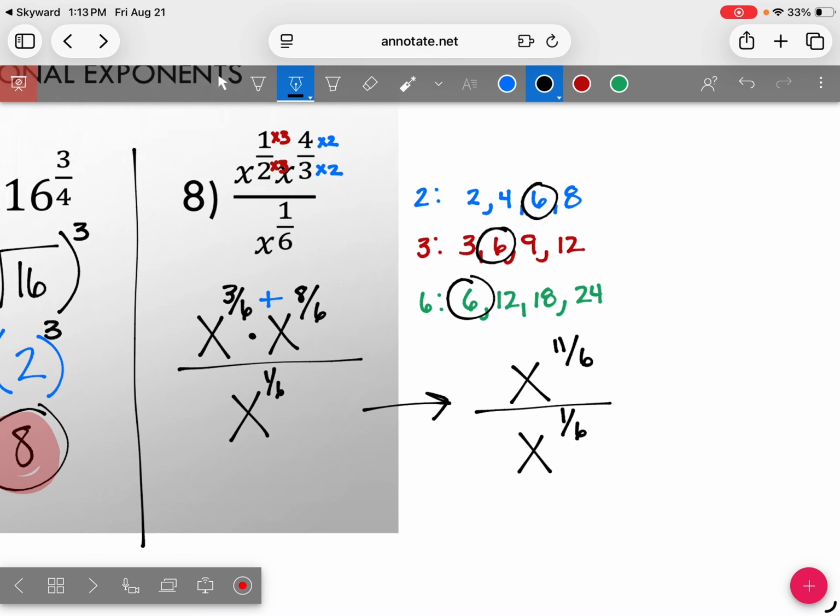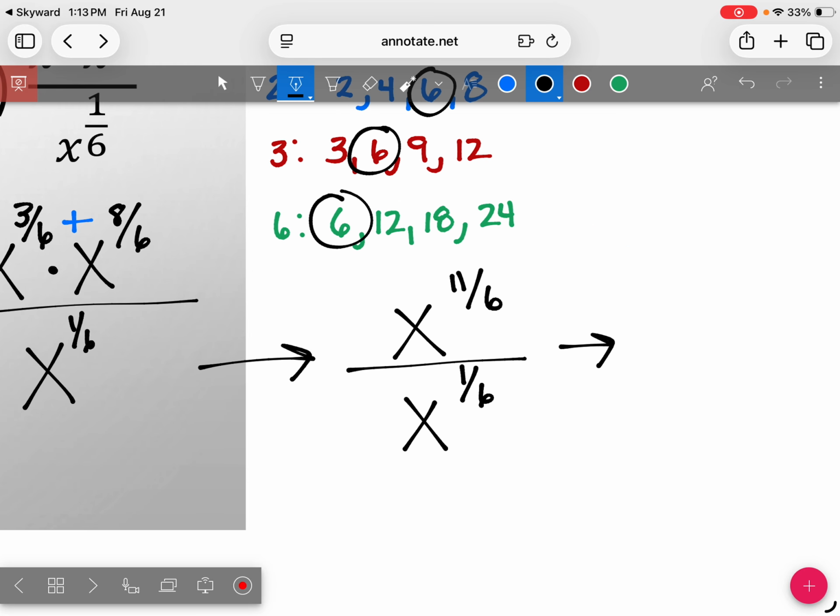And then we need to subtract. What's 10 minus 1? See, I said it. What's 11 minus 1? 10/6. All right. Write this in radical form and simplify it.